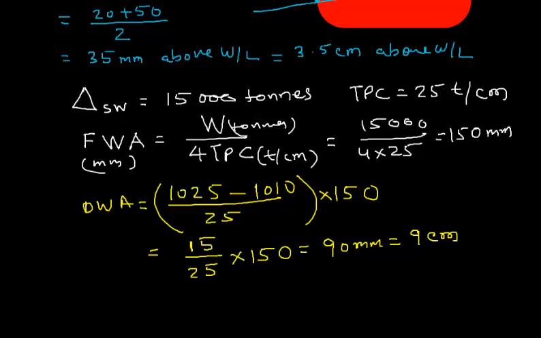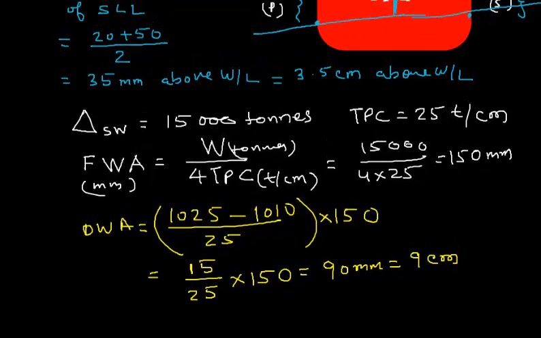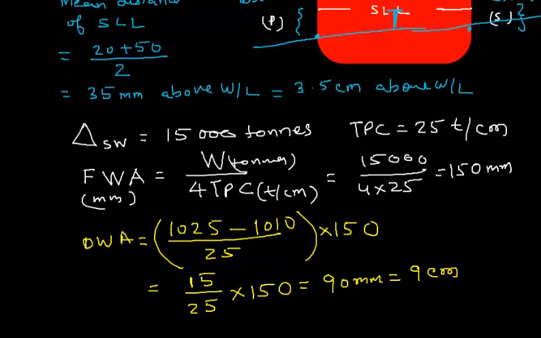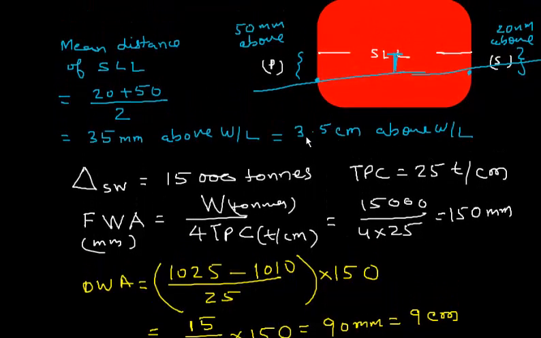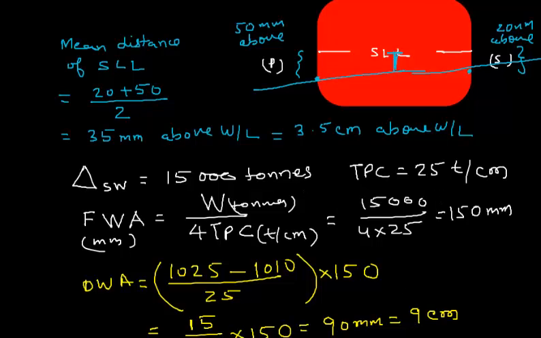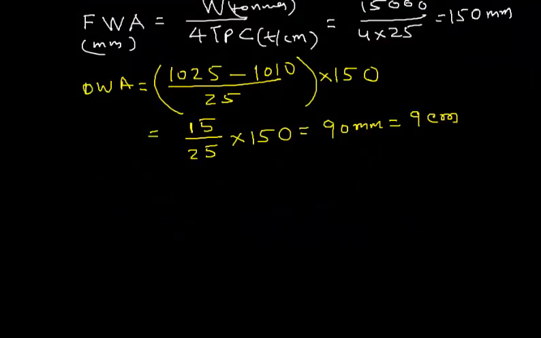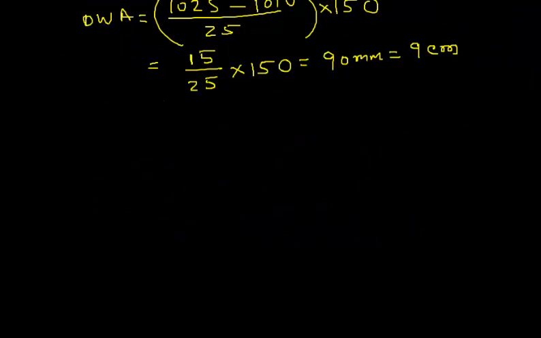Now the question says find how much cargo she can load to bring her to summer load line in salt water, and we have got two pieces of information. One is summer load line is 3.5 centimeter above the water line, and dock water allowance is 9 centimeter. The TPC given is 25. So let's draw these load line marks, which are like this: tropical, summer and winter.